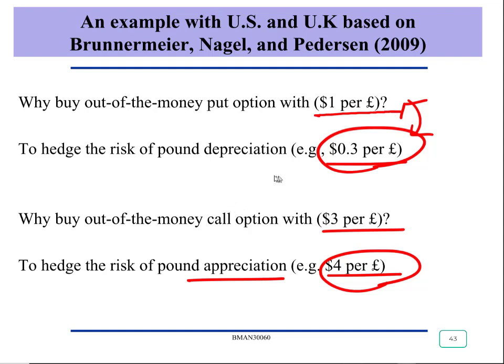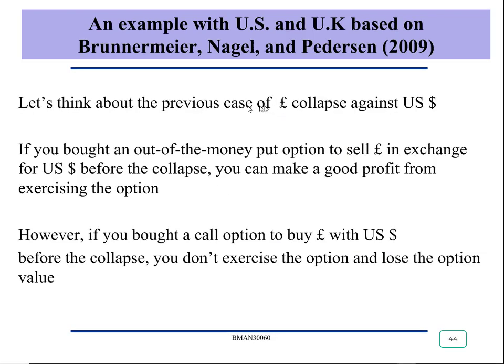So by using out of the money put and call options, we can think about the market expectations about the future. Let's think about the pound collapsing against the dollar. Let's say this happens. If you bought, before this incident, out of the money put options to sell pounds for dollars, you could make a good profit from exercising this option.